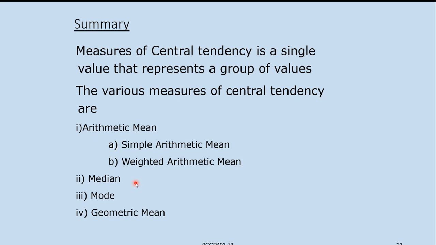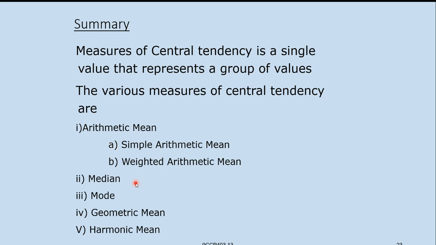The various measures of central tendency we have seen in the flow chart: arithmetic mean, median, mode, geometric mean, and harmonic mean.